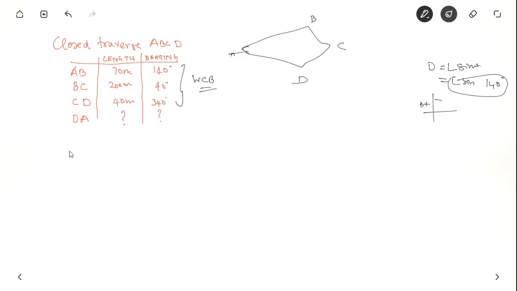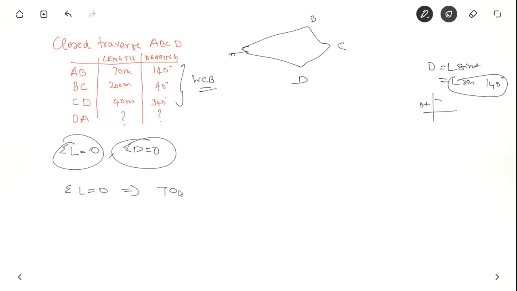So what do we know? We know that sigma L equal to 0 and sigma D equal to 0, because when you complete the traverse, there should be no error in latitude or departure. So first let us solve for sigma L equal to 0.